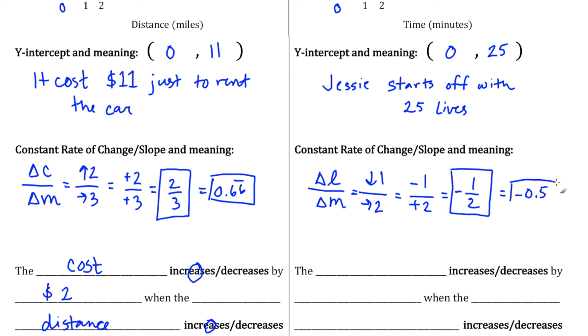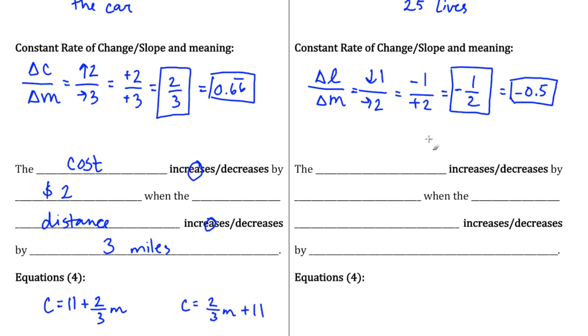That's -0.5. So the number of lives decreases by 1 life when the time increases by 2 minutes.